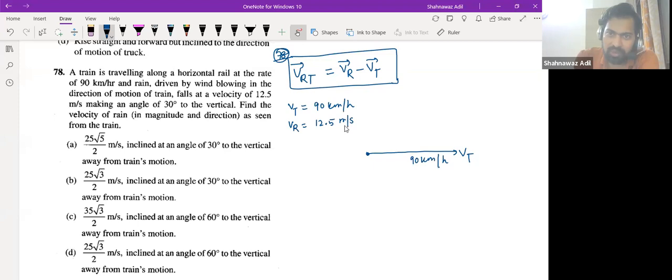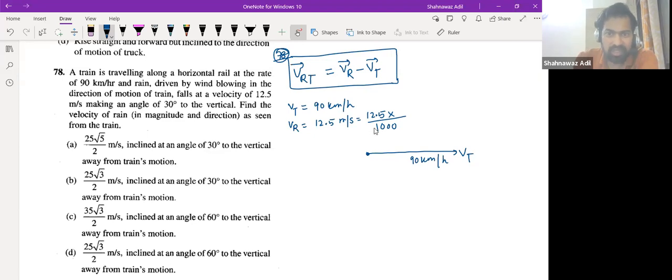So these are two different units, so we have to make them in a proper unit, right? So this would be 12.5. If I want to change meter to kilometer, then I have to divide by 1000. And I have to change the second to hours, so I have to divide by 3600, since this is in the denominator.